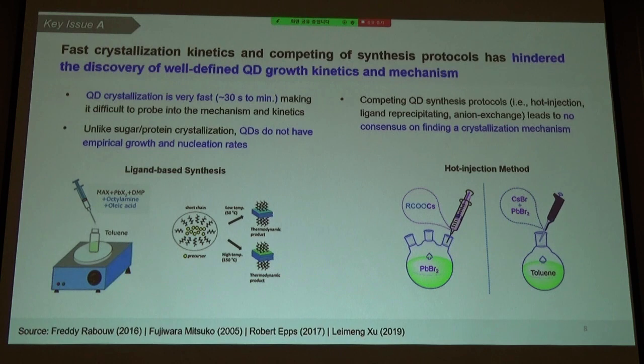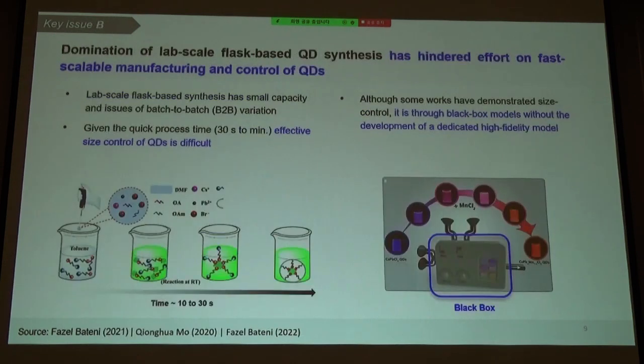So I think we first have to find a consensus between different approaches. But since I'm not an experimentalist, that's not my job. What I will be presenting today is more like comparing different approaches and seeing which one would be the most appropriate.